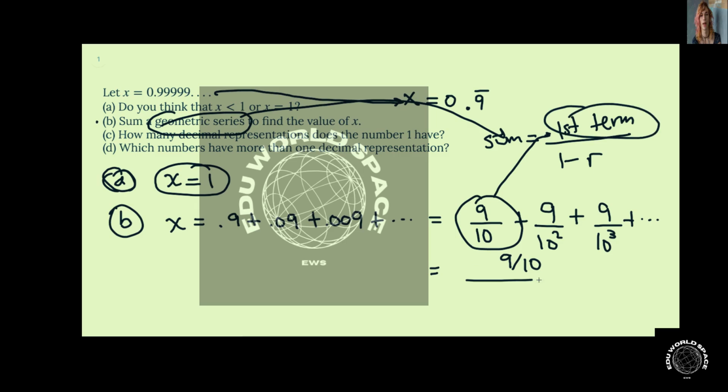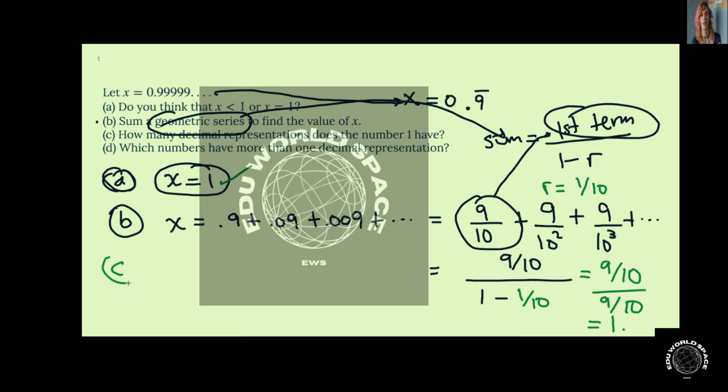And then we divide by 1 minus r. And what is our value of r? What are we multiplying by each time? It's 1 over 10. So we have 9 over 10 divided by 9 over 10, and that's exactly 1. So that verifies that the guess in part A was correct.